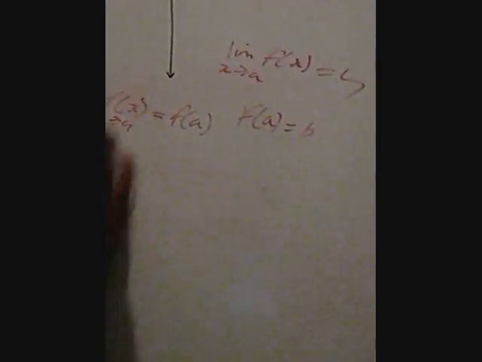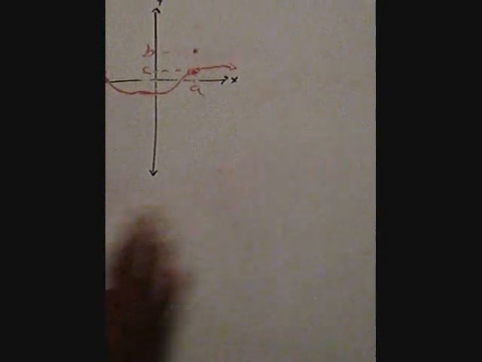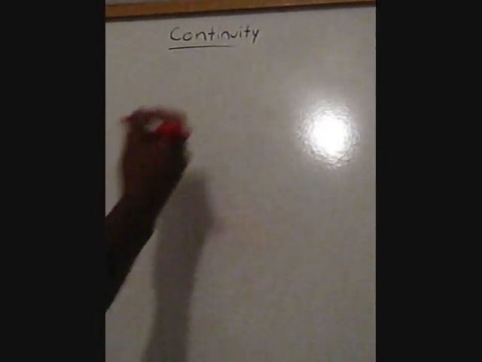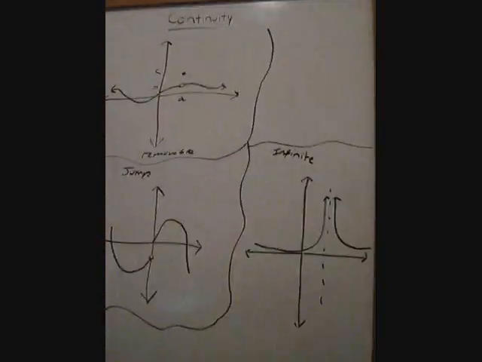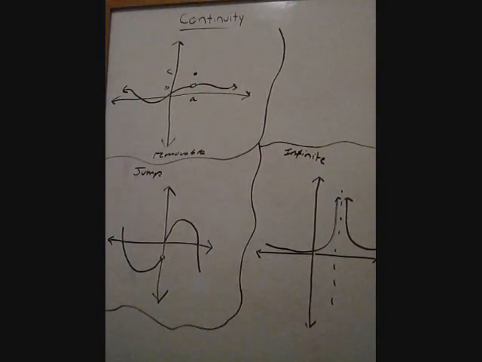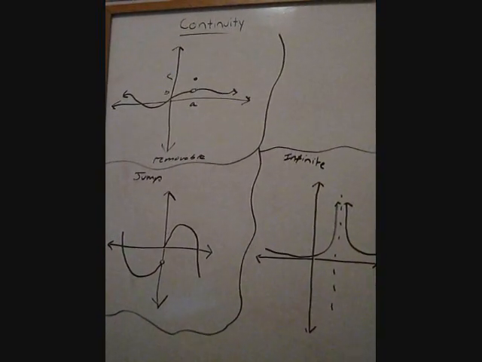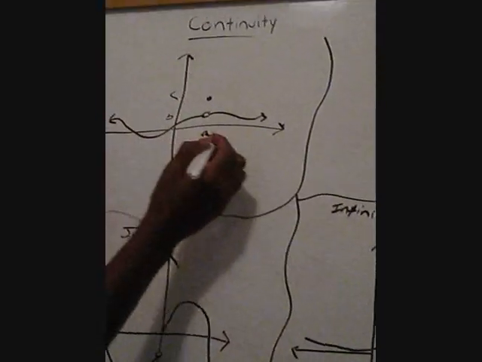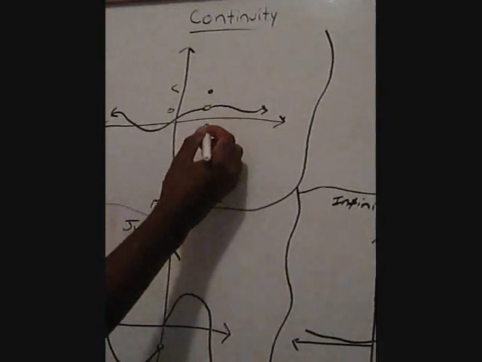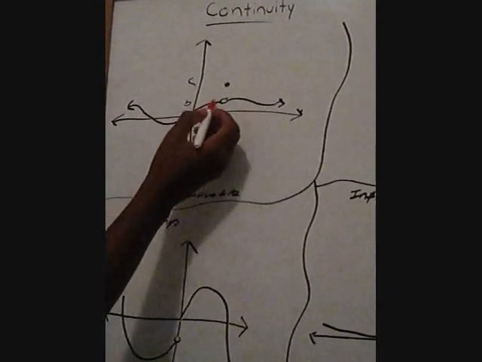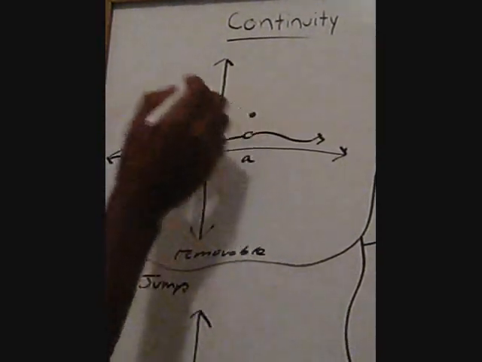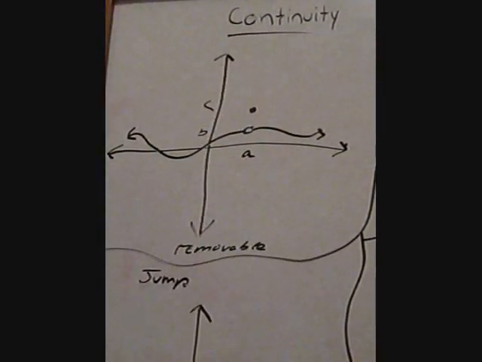Now let's look at a different type of discontinuity other than the removable discontinuity. Different types of discontinuities are, first, the removable, where the limit of the function as it approaches a would be b, while the function is actually defined at c.